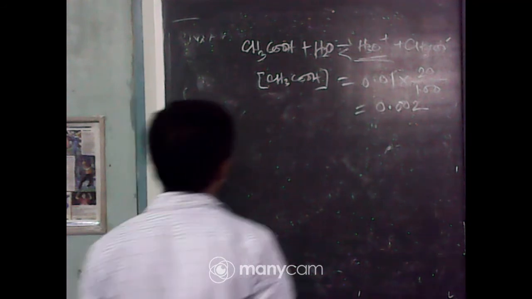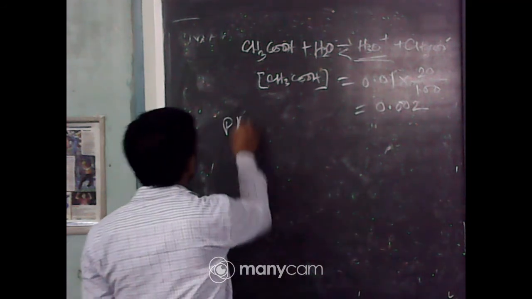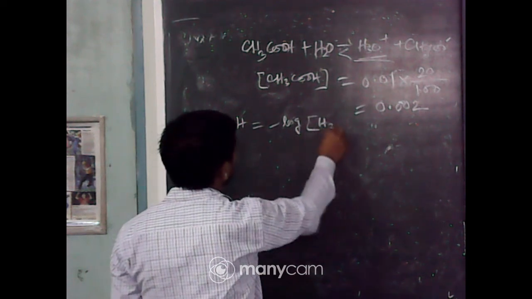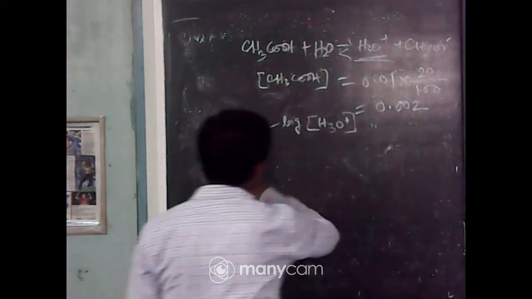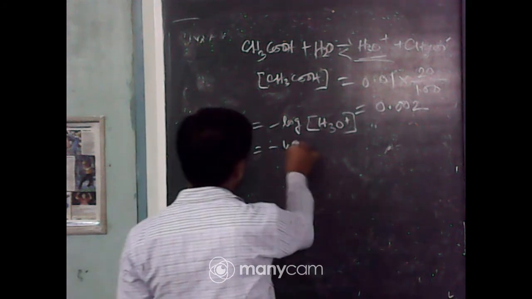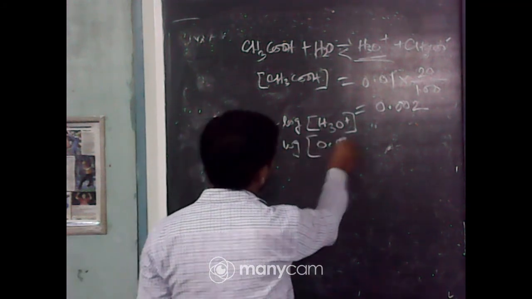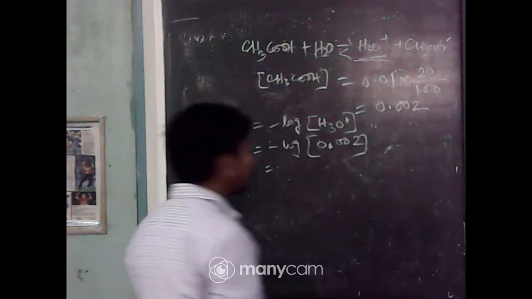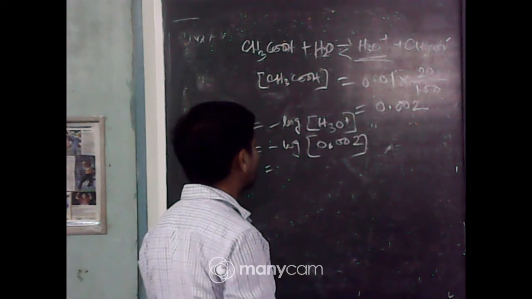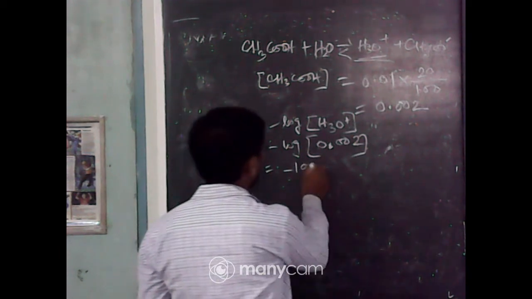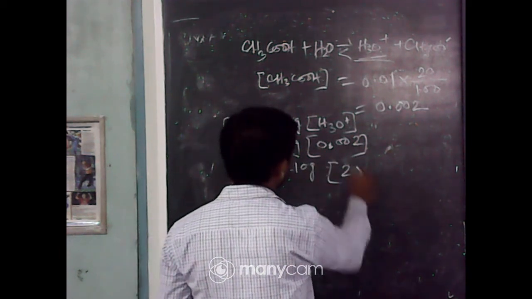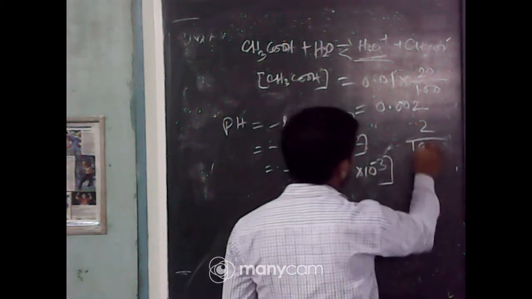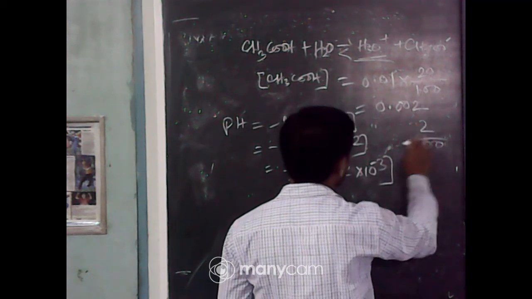Now, next stage we have to calculate pH equal to minus logarithm of concentration of H3O plus, that is minus log of 0.002. Now, here we have to simplify this. 0.002 we may write as 2 into 10 to the power minus 3, because 2 divided by 1,000 is equal to 0.002.